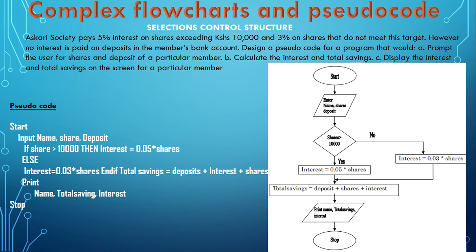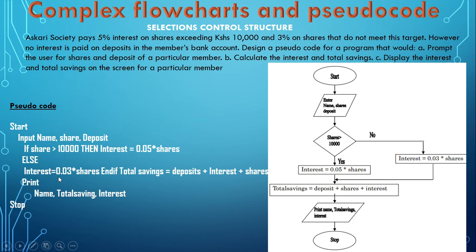So basically, you start by showing the pseudocode where it starts, input name, shares and deposit, just like up there. Then it makes a decision. If shares are greater than 10K, then interest equals 0.05, you turn this into a fraction, times shares.